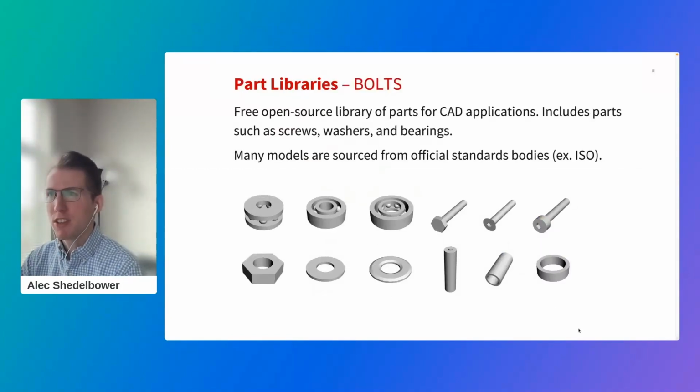It includes parts like screws, washers, bearings, things that you find at a hardware store. And like a hardware store, it contains a lot of different standard presets for these. So you might have, for example, a hex screw, but it has a lot of different sizes and real-world units that you might find if you're going through bins at a hardware store.